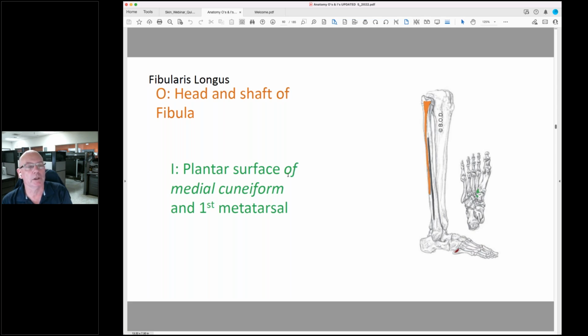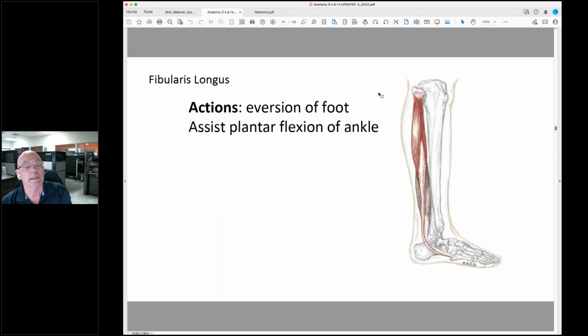So, everybody good there? I'm going to change it to the action. The action, if I go to the pointer, is eversion of the foot and assisting in plantar flexion of the ankle. So it's kind of the opposite of tibialis anterior, because it's coming on the other side, doing a different action.